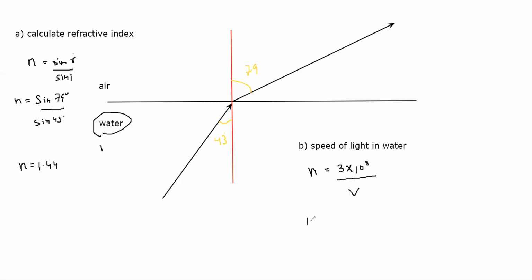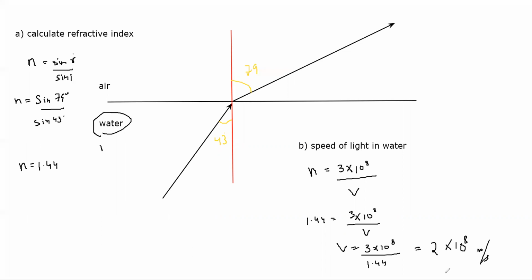The refractive index is 1.44, so V equals 3 into 10 power 8 divided by 1.44. The final answer is 2.08 exponent 8, or about 2 exponent 8.